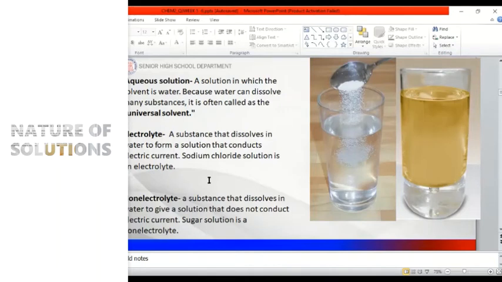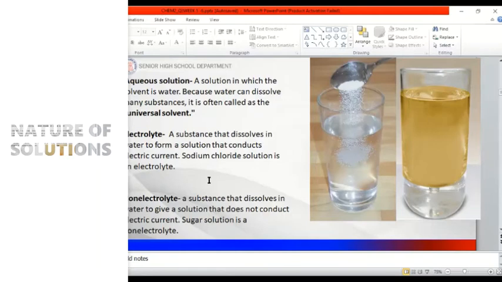So just like what I have said, when you're drinking mga sports drink for energy, that's because it has the presence of an electrolyte. It can conduct electric currents, such as sodium chloride solution. So it's an electrolyte. When you do an experiment with conduction, pwede siya maka-conduct of electric currents.